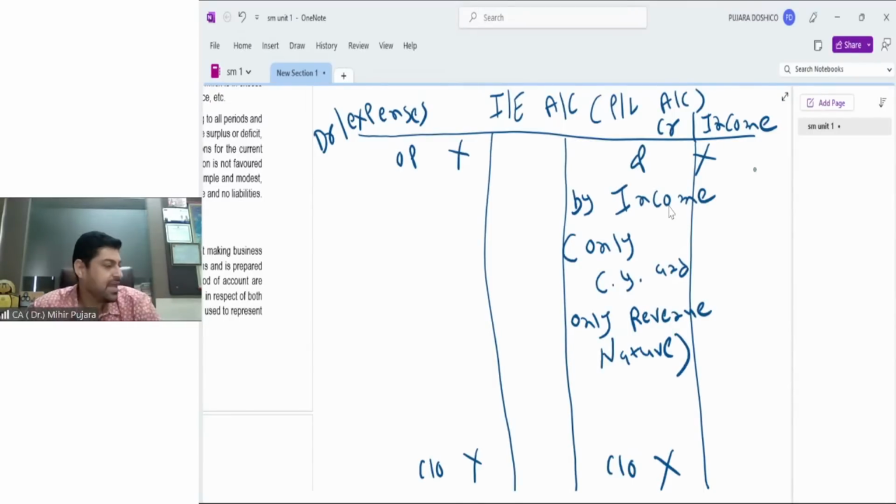Please write very carefully. Only current year and only revenue in nature.